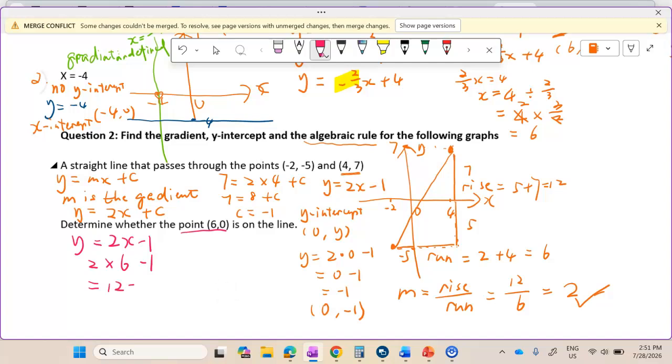The answer is 11, which is different from the y value here. Because 11 is not equal to 0, the point is not on the line.